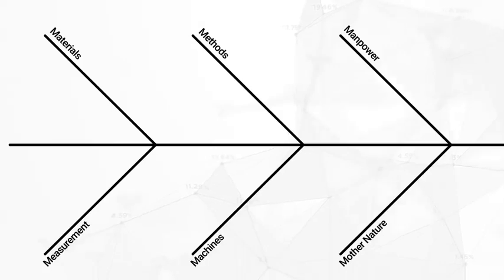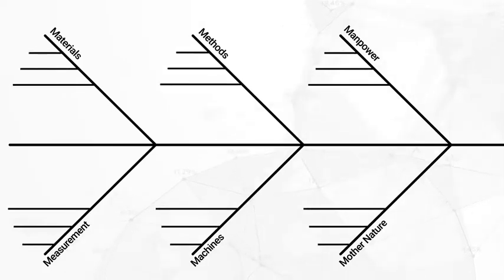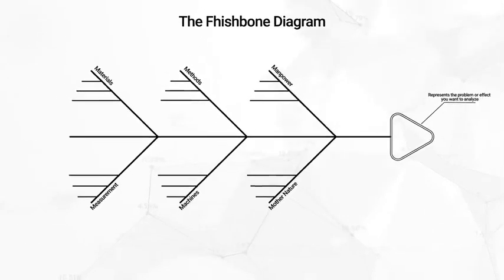Moving on to the bones, and those are the lines branching from the spine, representing different categories of causes. Those are called the 6 M's, and they are manpower, methods, materials, Mother Nature, machines, and measurements. And then last but not least, the sub-bones, further branching lines that detail specific causes within each category.